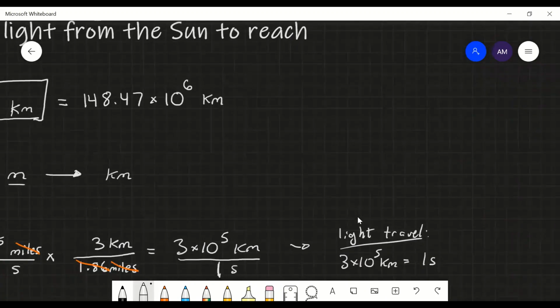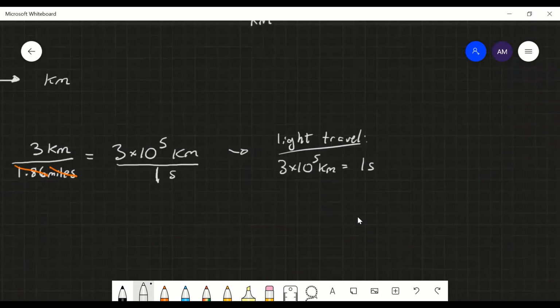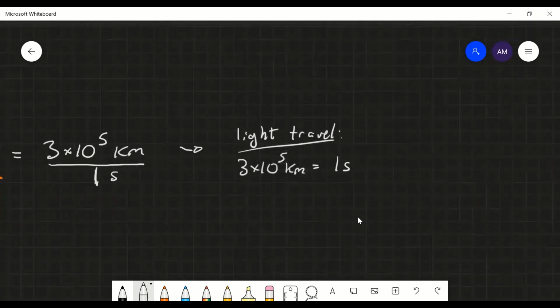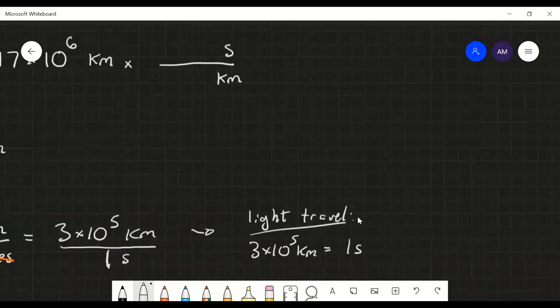Let's go ahead and do this conversion, which would say that we multiply by some fraction so that we cancel out the kilometers. So kilometers must go down here, and seconds would have to go up here. Now for light travel, we already established that 3 times 10 to the 5 kilometers is the same as 1 second.